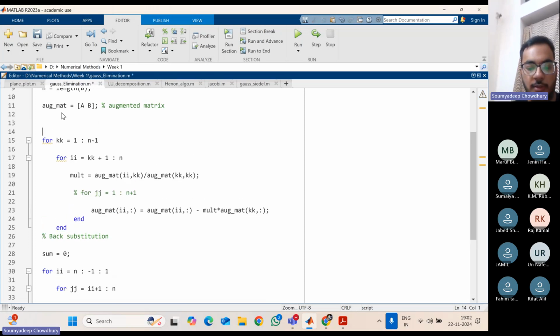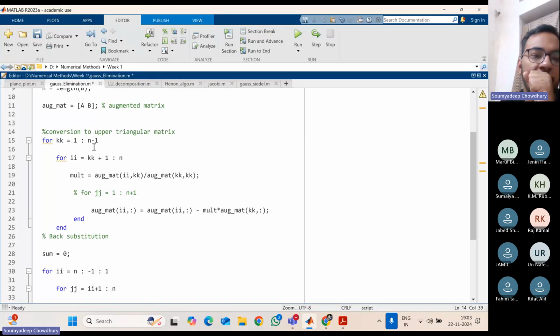Write in comments here: conversion to upper triangular matrix. So you can see here, first I'm running the loop kk, which is the outer loop from 1 to n minus 1. And the inner loop ii, which is from kk plus 1 to n.